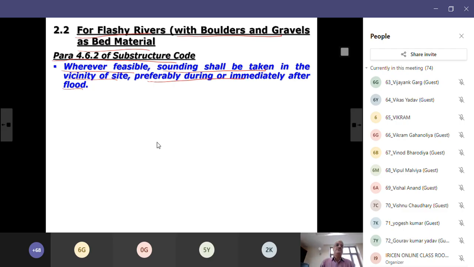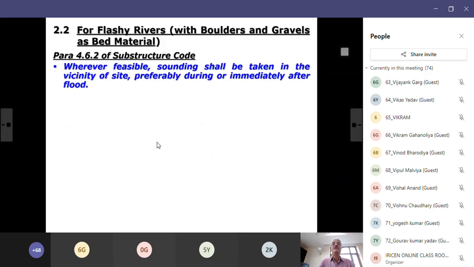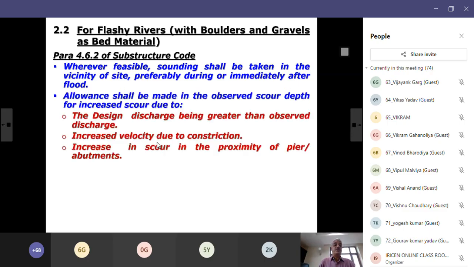For rivers with boulders and gravels, bigger material as bed material, no formula will apply in fact. So in those cases we must take actual observations and soundings, as close to the maximum discharge time, immediately after flooding, as possible.